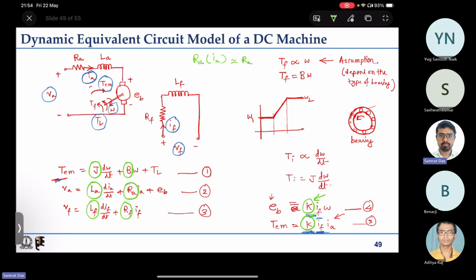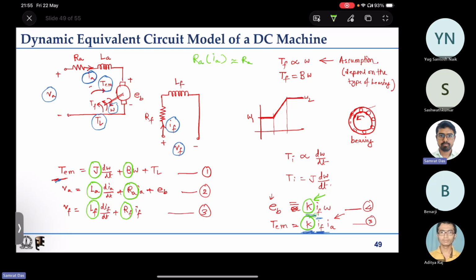Now if we want to do any control, it is important for us to know the values of these parameters approximately, up to some accuracy. It is not possible to know these values exactly, because as I have indicated, these values vary with temperature, like the resistances, and temperature depends on the current flowing through the wires.